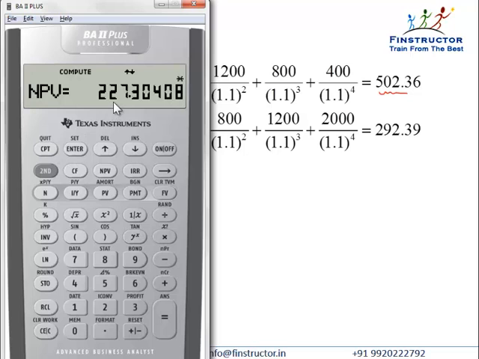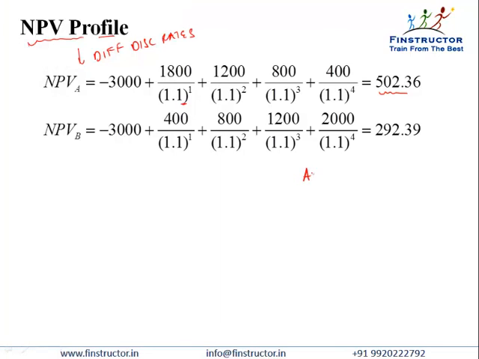The NPV comes out to be 227.3 at 15%. So we can make note of that.